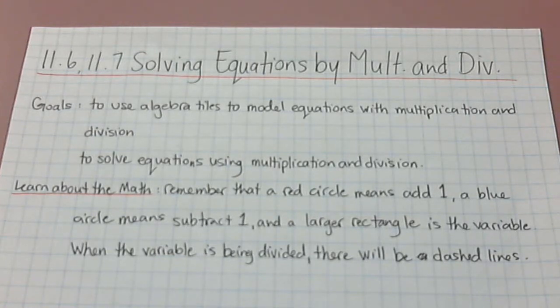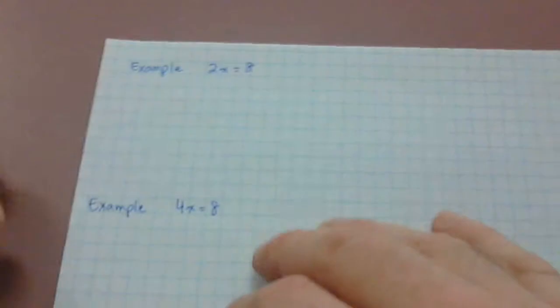What we're going to look at is the idea that when a variable is being divided, I'll have a dashed line or dashed lines, depending on how many times we have to divide it. I'll show you a few examples. We have 2x equals 8, which means 2 times a number equals 8.